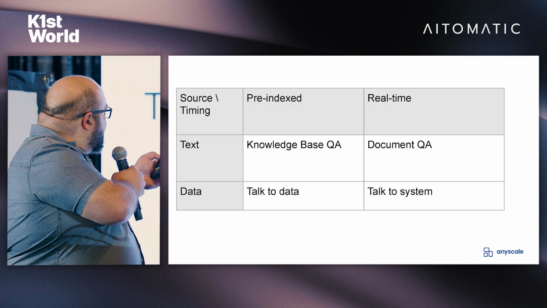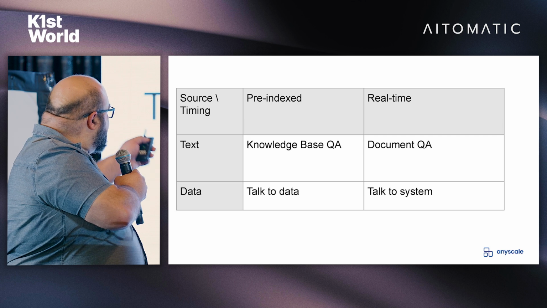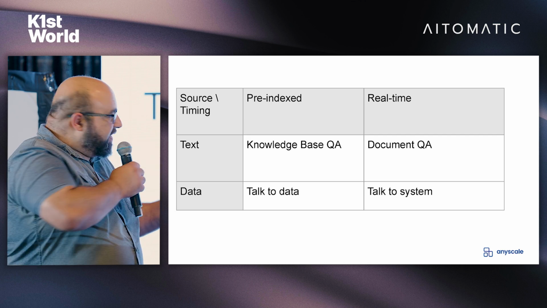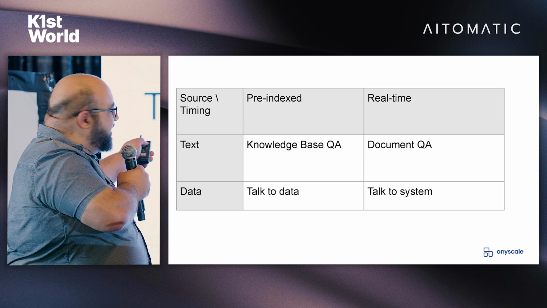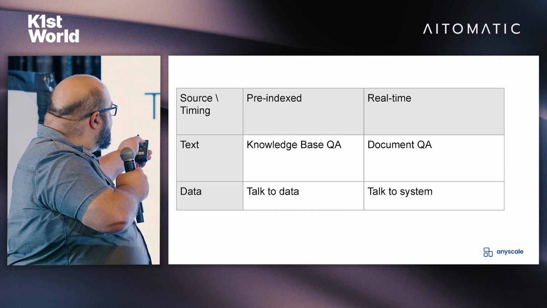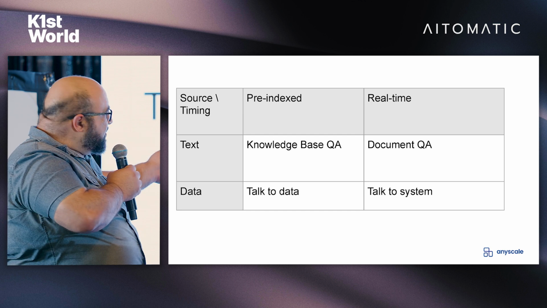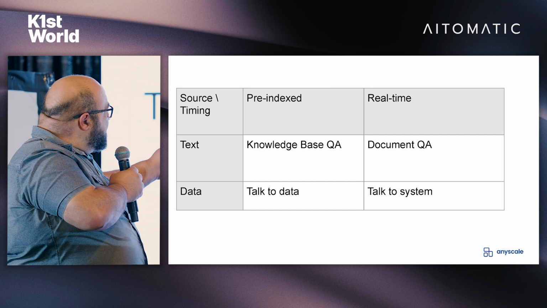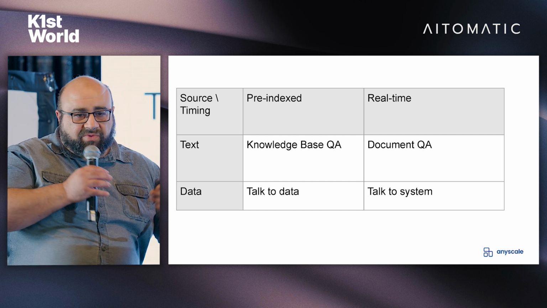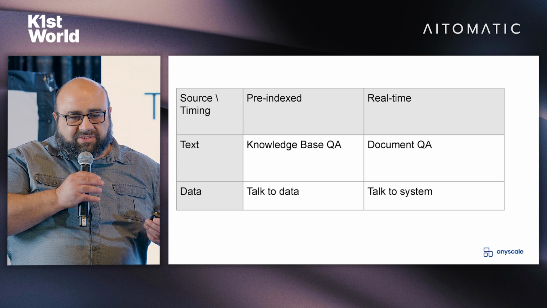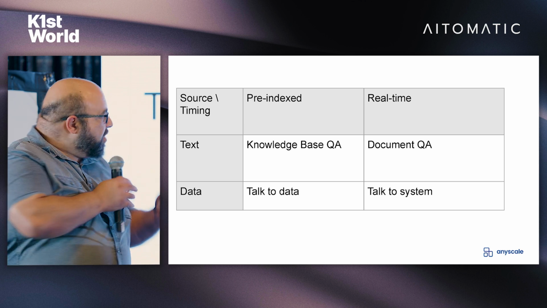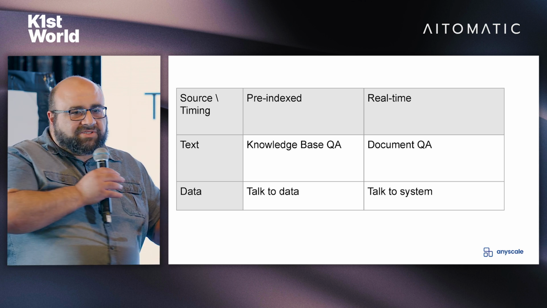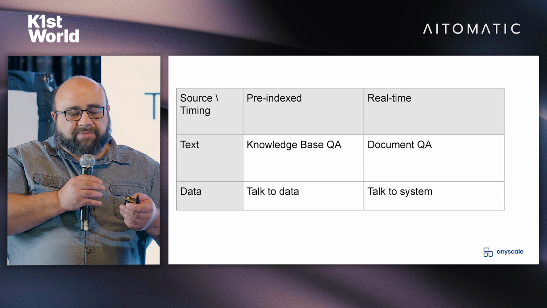So the way that I see it is that there's really 2 axes here for those 4 different flavors. The first one is what is the input that you want to use? What is the input source? So it could be that you have data ahead of time that you want to index. So think about a customer support application. Or it could be that you have documents that you've just received 2 seconds ago that you want to process.